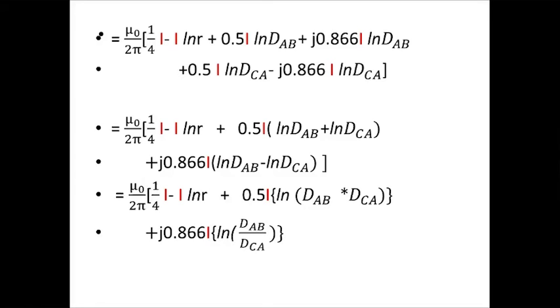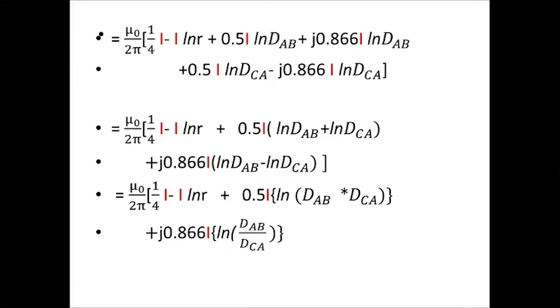Again, rearranging the terms containing 0.5 I as well as j0.866, we get the next expression: mu0 by 2 pi into 1 by 4 I minus I log R plus 0.5 I into log DAB plus log DCA plus j0.866 I into log DAB minus log DCA.